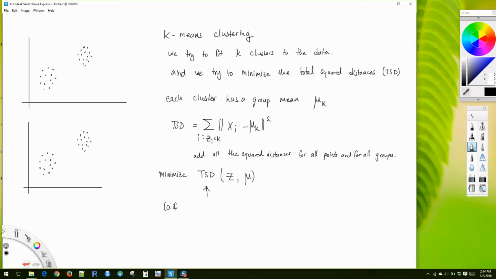This is a function of z, the group membership, and mu, the group means. All right, so we can think of this as for all k from 1 to kappa, I guess I should use kappa, and this is for all the points within a group.